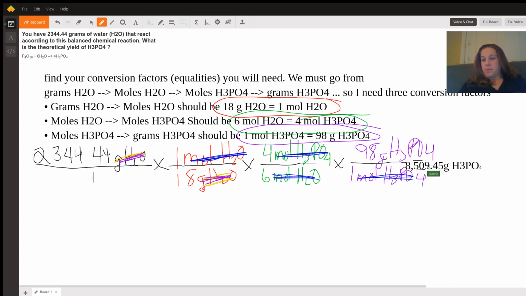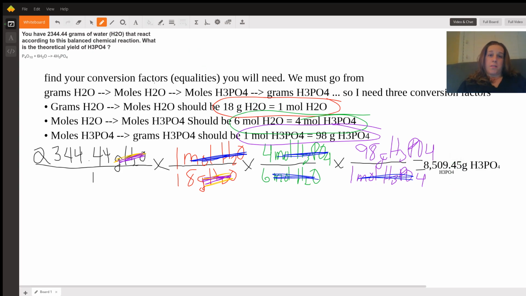All right, so to fit on the page, that was supposed to say 8,509.45 grams, and I'm just going to type in phosphoric acid, H3PO4. And this platform is a little limited in terms of subscripts, so I apologize that all the numbers are the same size as the symbols.